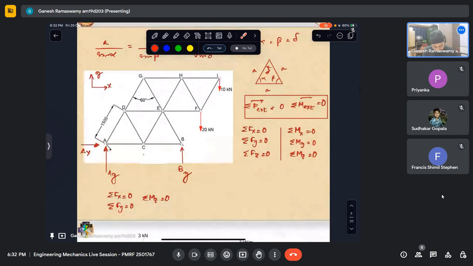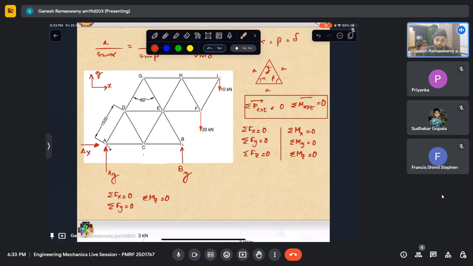So we can see that for sigma Fx equaling 0, if we add Ax, is there any other horizontal force on the system? There isn't. So it is easily satisfied. It tells us that Ax is equal to 0. Trivially means something else; these are trivially satisfied, 0 equaling 0. So sigma Fx equal to 0 we have used up, and Ax we have found out.